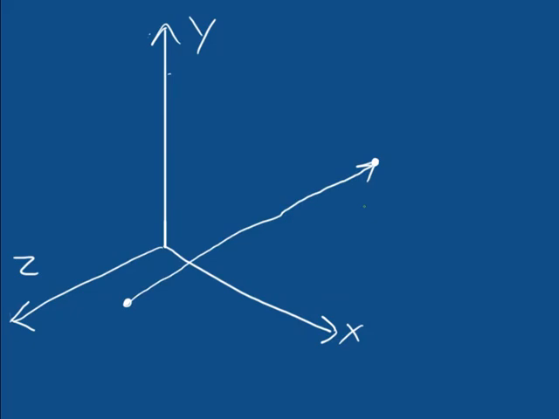Now, this vector is going to travel a certain distance in x, a certain distance in y, and a certain distance in z. Just like any vector, we know it travels a certain distance in x, y, and z as given by the components of that vector. But why is this of significance? Why is this important to us?